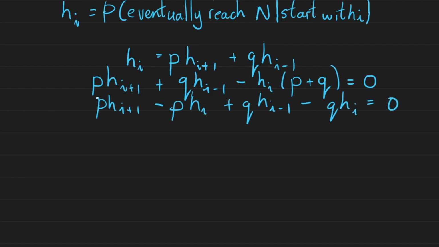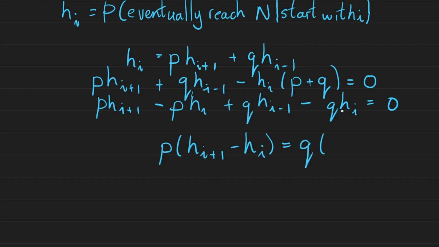So what I'm going to do is take the P as a common factor and also the Q, and then send the Q term to the other side. So if I do that, I get P into H(i+1) minus Hi is equal to Q.